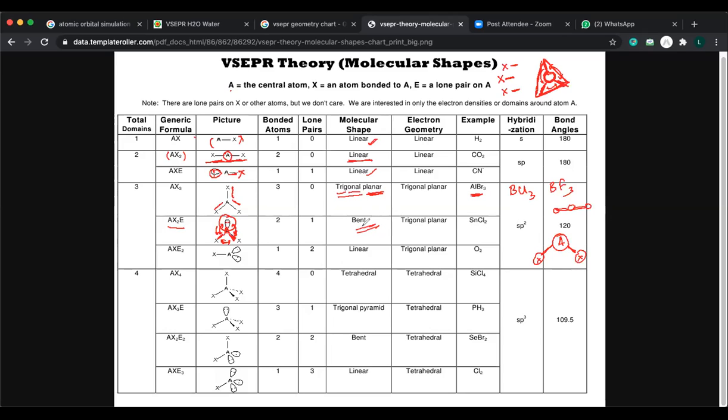So the molecular shape is bent. The electron geometry is trigonal planar because if you observe where the electrons are, they still form a triangle in the same plane: the lone pair over here and the two bond pairs over here. That is why the molecular shape is bent, but the electron geometry is trigonal planar.